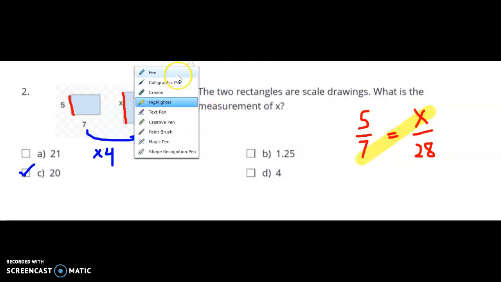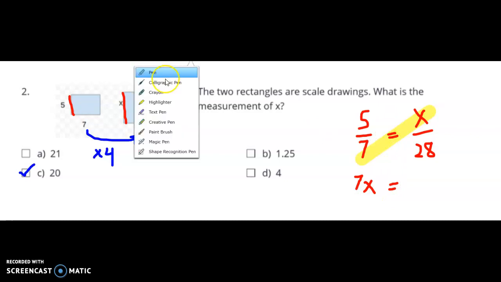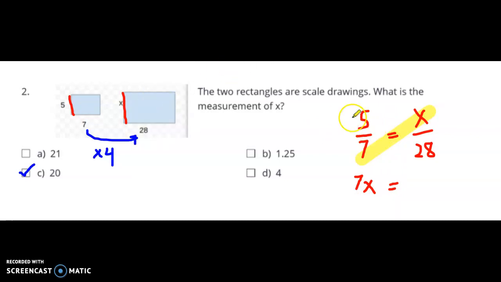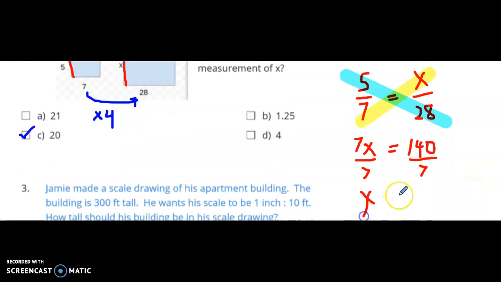X times 7 is 7x equals 5 times 28. 5 times 28 is 140. Divide both sides by 7 to isolate our x. We get x, x equals 20.